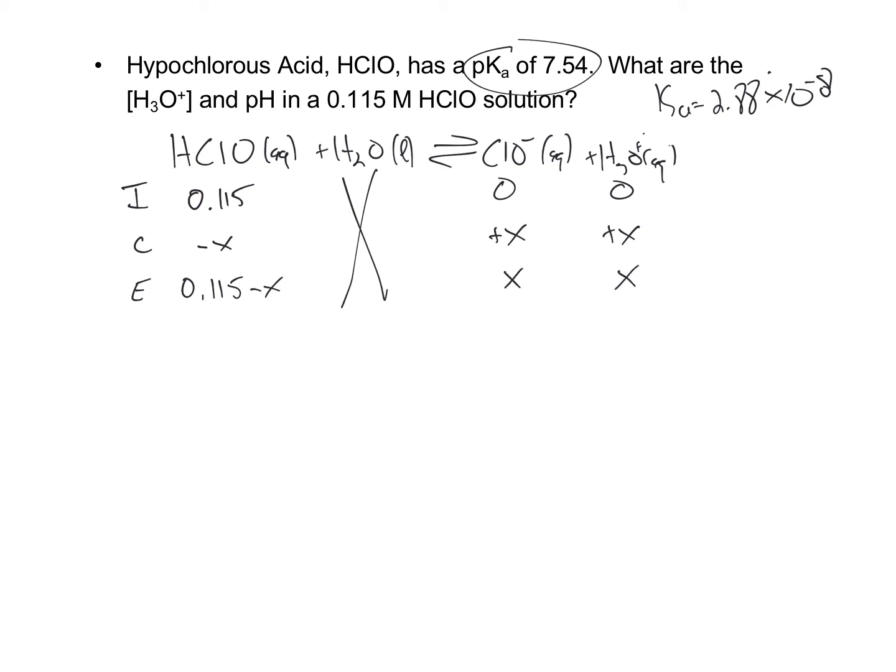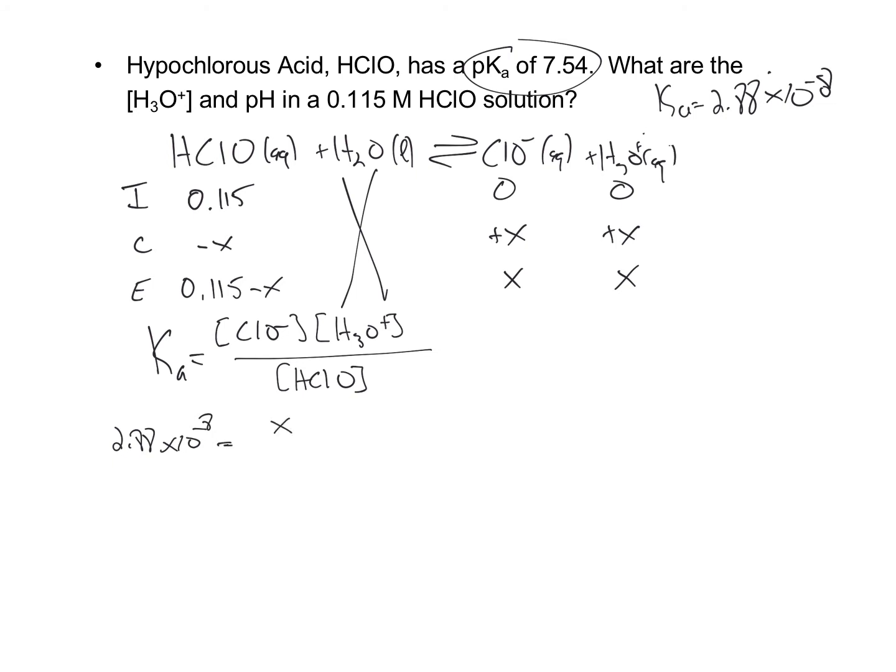All right, so we'll go ahead and plug this into our equilibrium constant expression. All right, now at first glance, we're going to have x squared over 0.115 minus x.